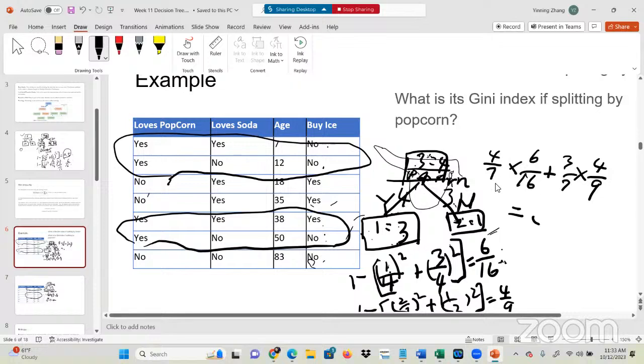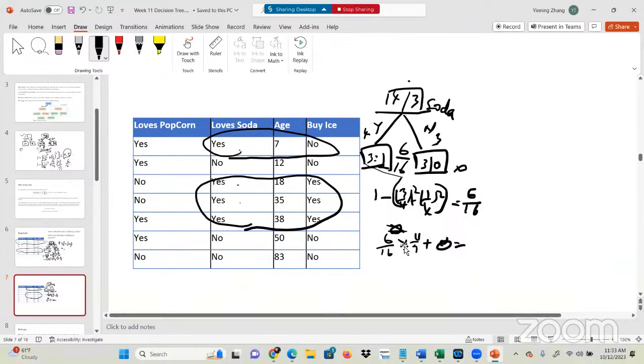Because this first part is the same actually. It's all 6/16 times 4/7. But the second branch is 3 to 0. This one is very pure, right? So this impurity is lower.